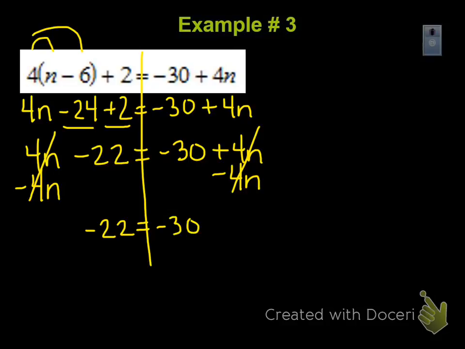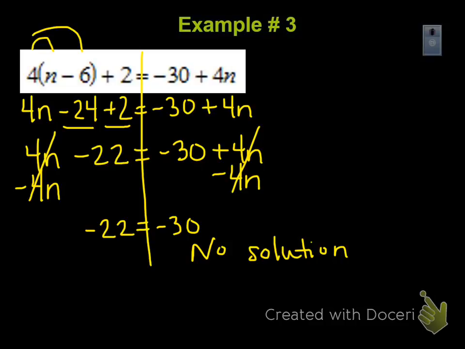When I take a look at this equation, this is not a true statement. So because the variables have canceled out and I am left with something that is not true, this means that there is no solution.